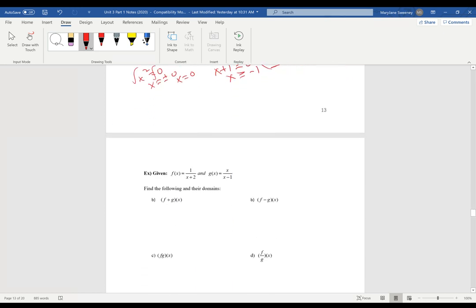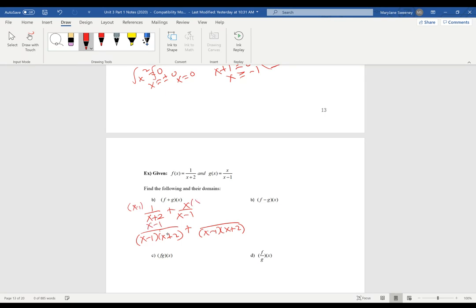This is more of the same thing. The only thing is, you might see ones like this, if you see it in the book, they might take, when you do f of x plus g of x, since this can be simplified with a common denominator, that's probably what they're going to do. So this has the x plus 2, it needs the x minus 1.